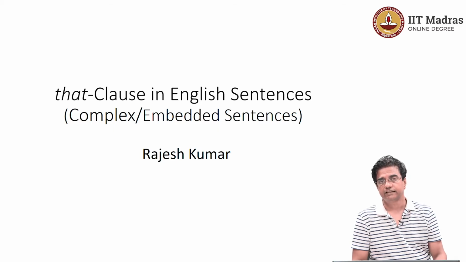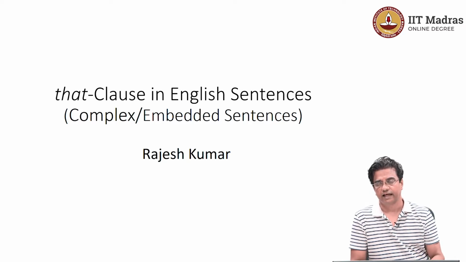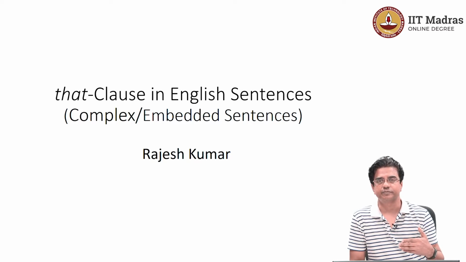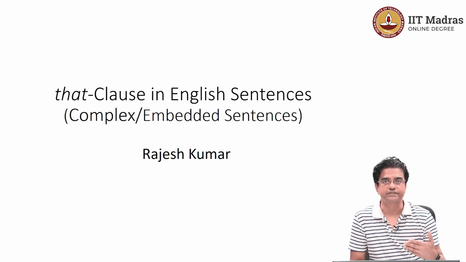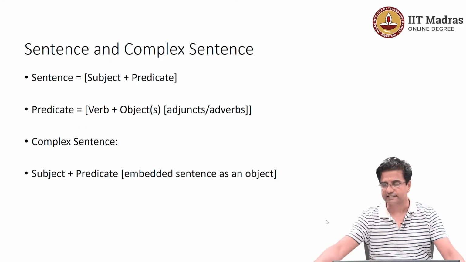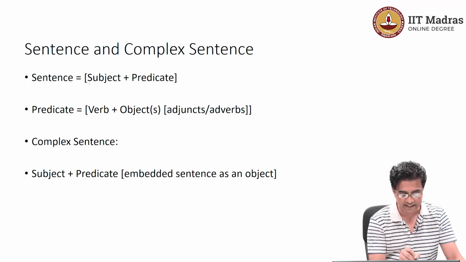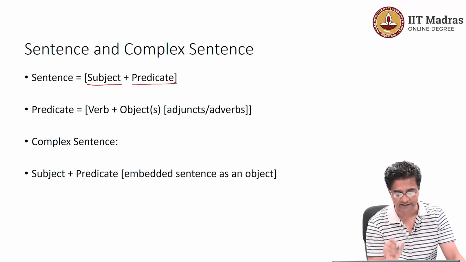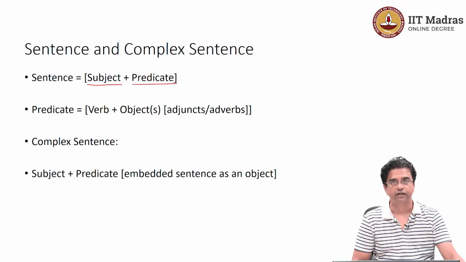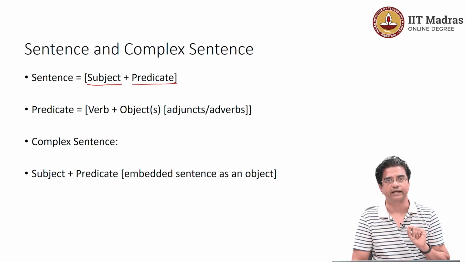There are sentences that are introduced with a that clause, and we are going to look at some of the detailed descriptions of these types of sentences in English. As we know, sentences have two parts: subjects and predicates. One sentence has one subject and one predicate.